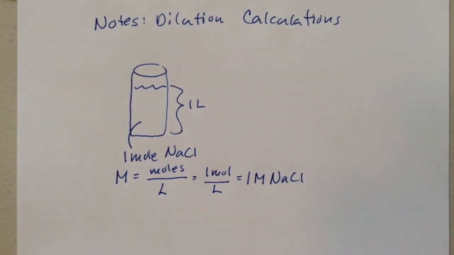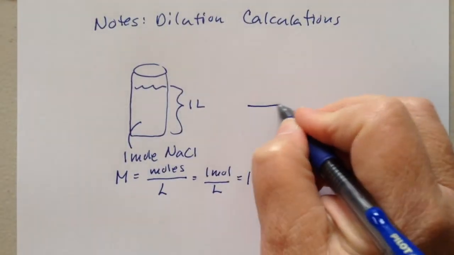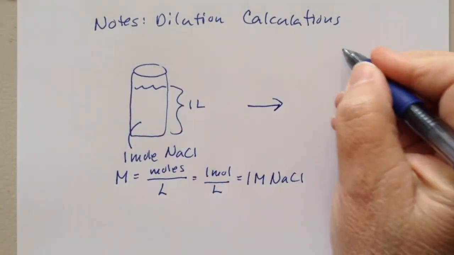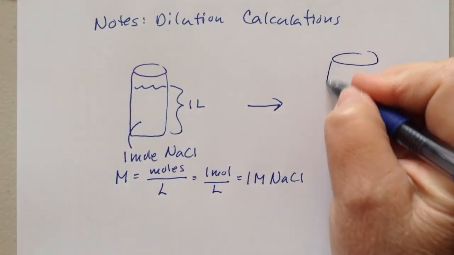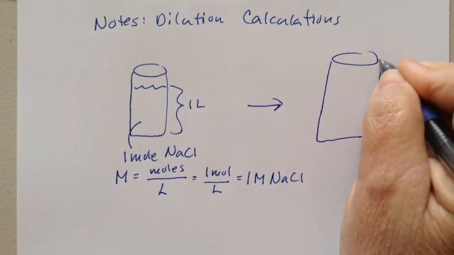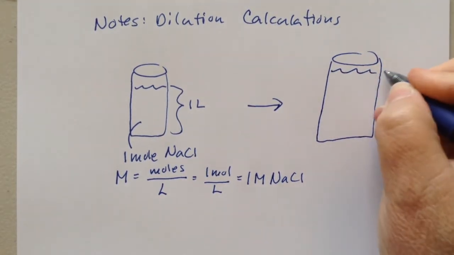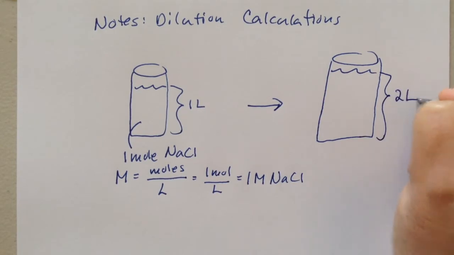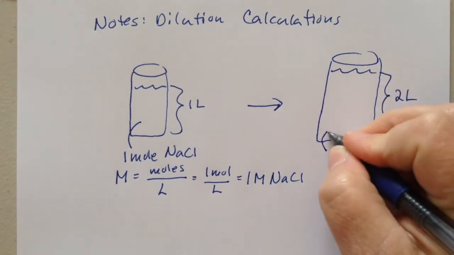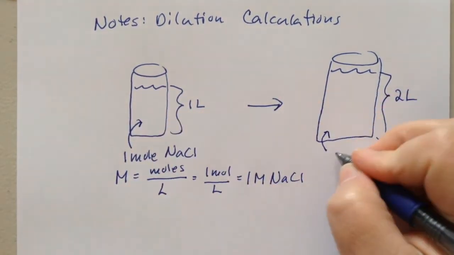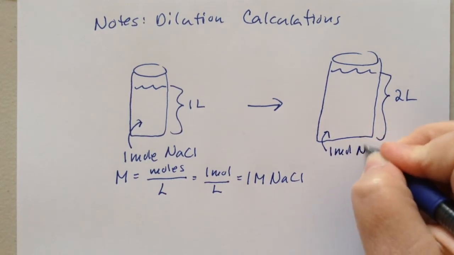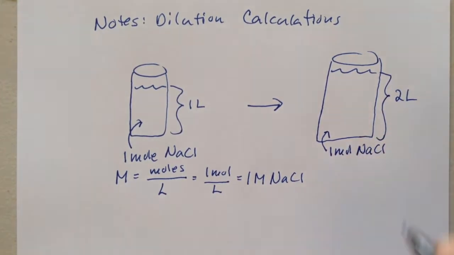But then we diluted it. So we took that, and instead of it being 1 liter, we put it into 2 liters. Now it was still 1 mole of NaCl, well, food coloring.